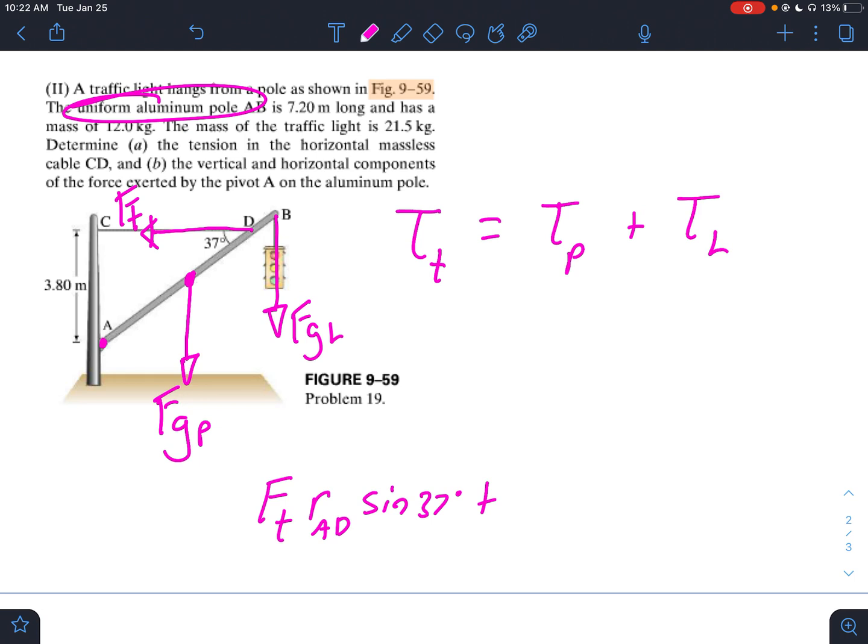And the torque from the pole, the weight of the pole times the radius, which I'm just going to put as center of gravity for now, and sine some angle. So we're going to be looking for these angles here.